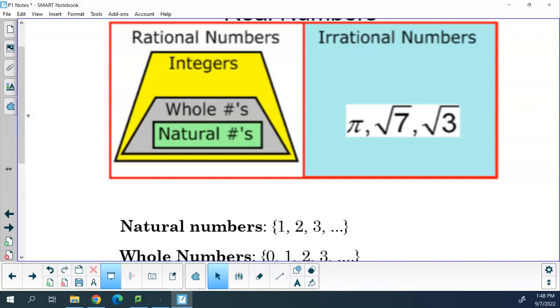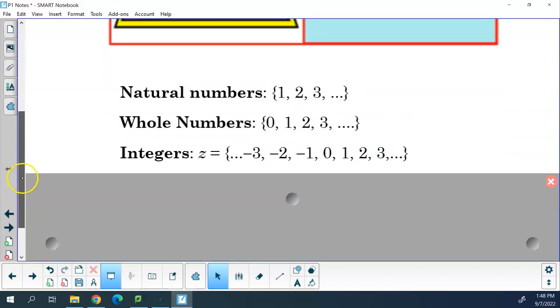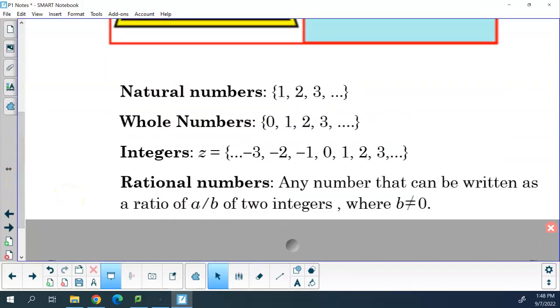Oh, that's when we include all those other numbers that aren't whole numbers. The definition of a rational number is any number that can be written as a ratio a over b of 2 integers, where b does not equal 0. Give me a second to write that and we'll talk.